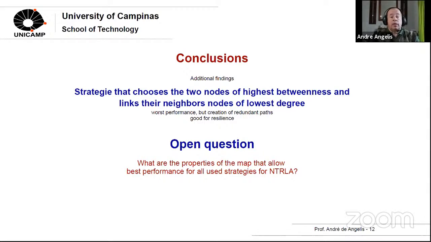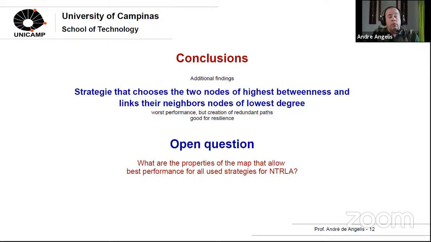But if we analyze it from the point of view of efficiency gain, this strategy that has no good results with this objective allows the creation of redundant paths, and it could be very good for the resilience of the network. Our objective was efficiency, so this is not a good strategy, but for resilience, it could be a good choice.